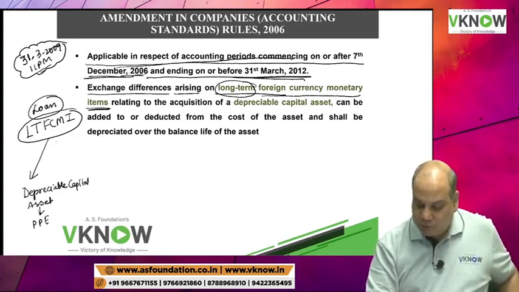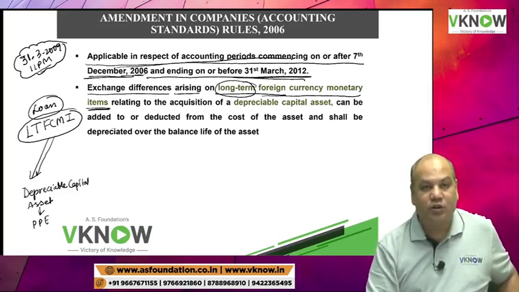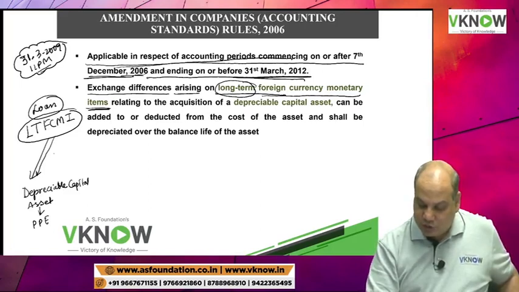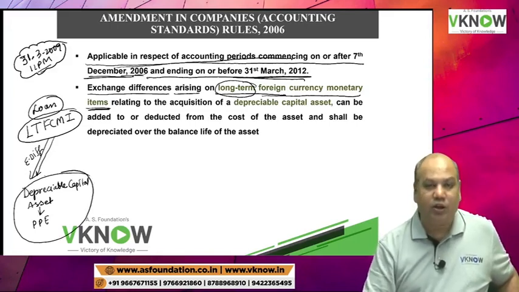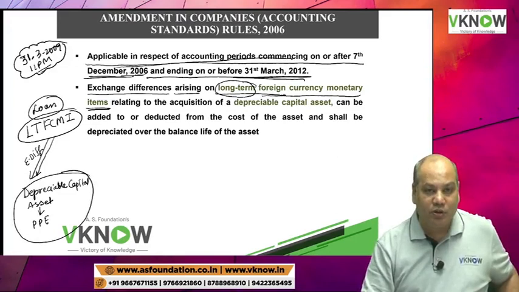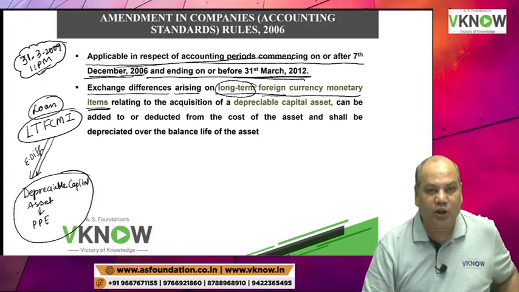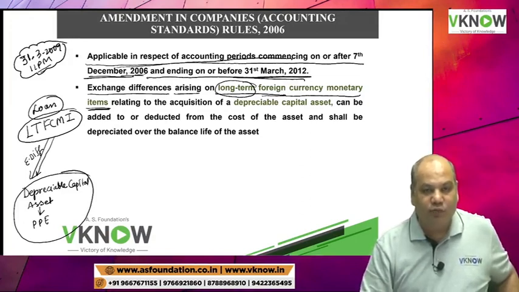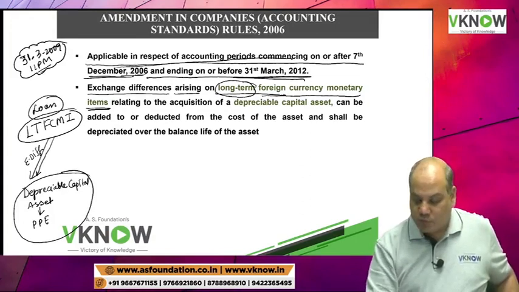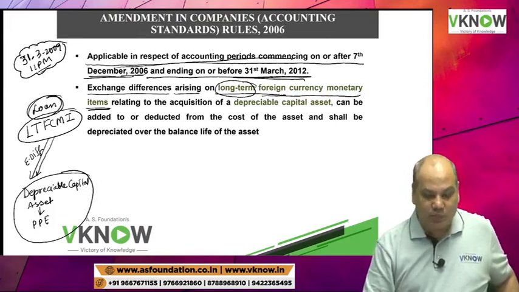So if this loan is taken for this purpose and if the exchange difference arises, that exchange difference will not be transferred to P&L account but will be adjusted in the cost of this depreciable capital asset. So instead of charging or crediting to P&L account, you will debit or credit the respective property, plant and equipment account which was acquired from the loan taken for that purpose.